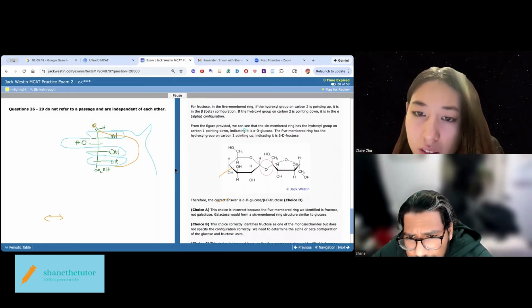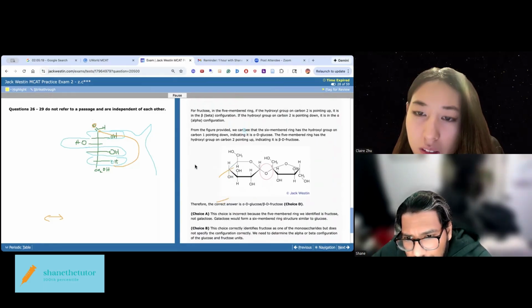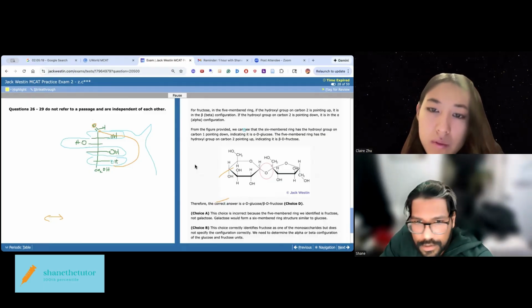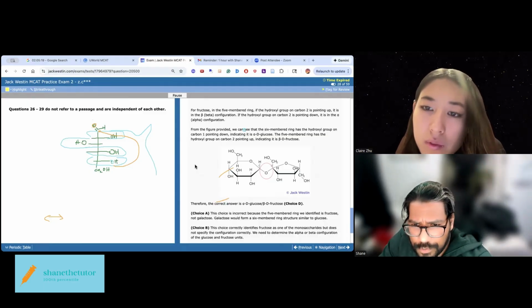Let's see, carbon two. Oxygen group on carbon two pointing up.